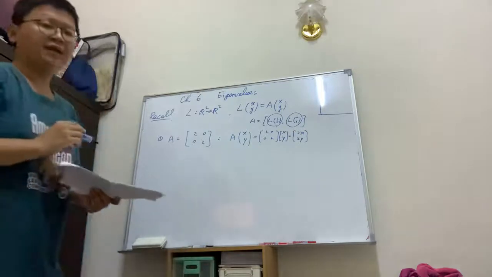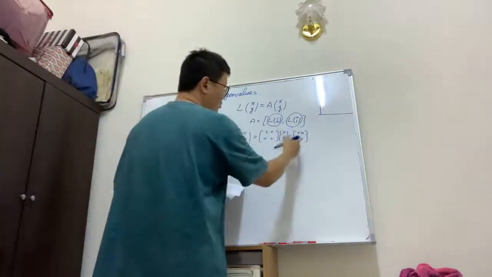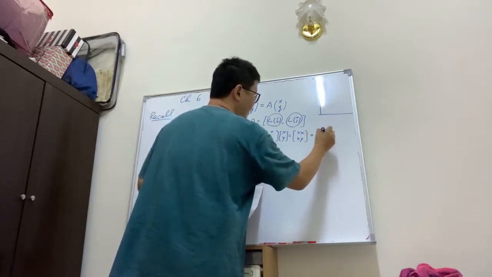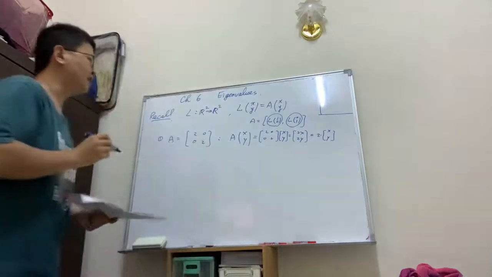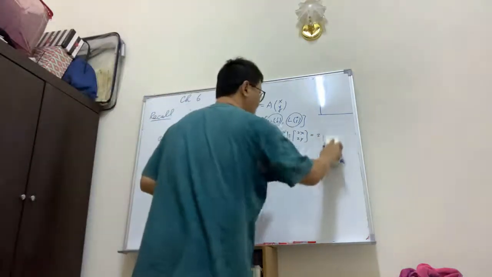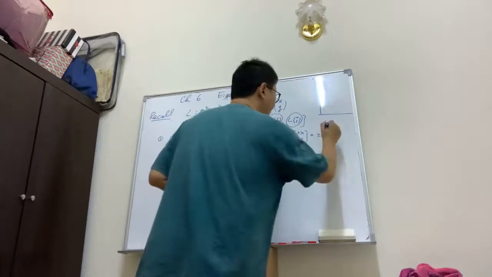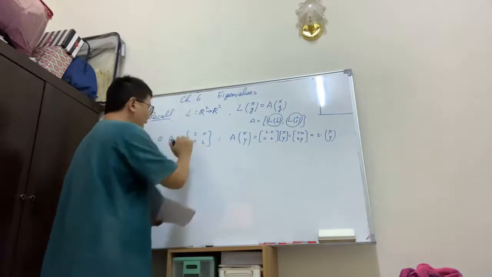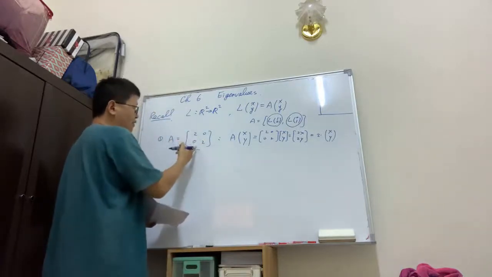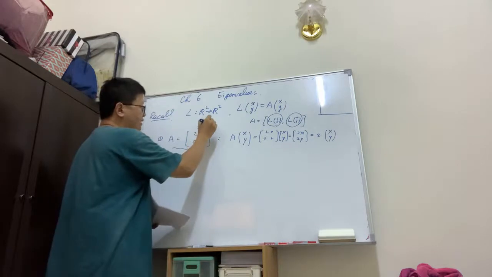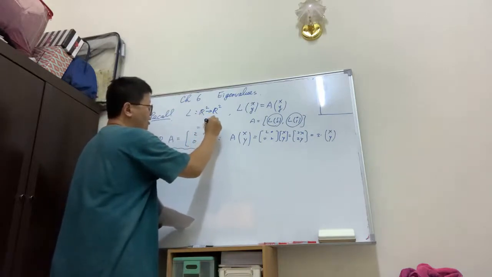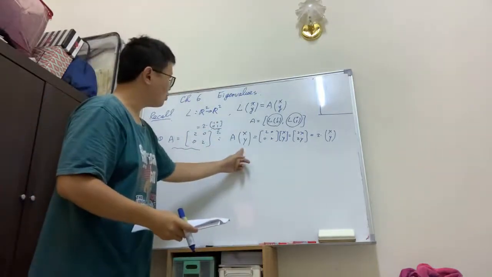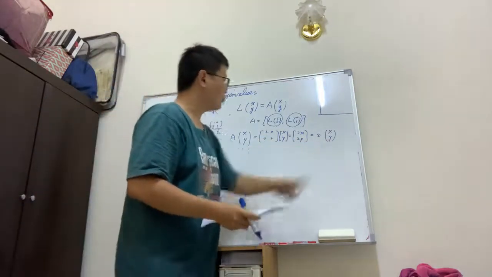Both have the scalar 2, which we can take out, so it's 2 times (x, y). Exactly, A is 2 times the identity, so A times any vector (x, y) equals 2 times (x, y).